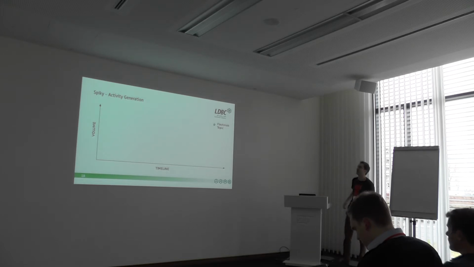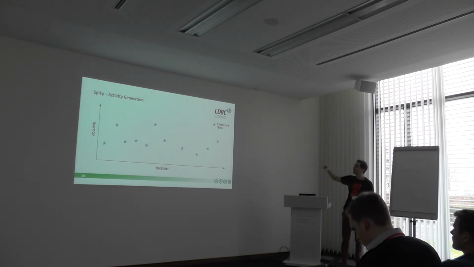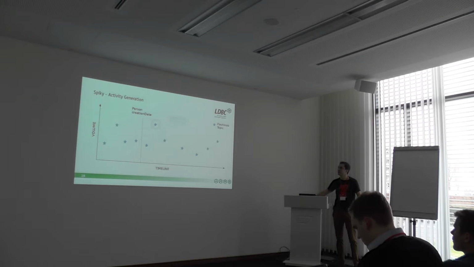In the case of the spiky activity generation, what we do is first we create a set of flash mob topics that span all the timeline with different volumes of activity, which basically represent how important is this event in the real world. Then, given the person creation date, we select a random flash mob post according to its volume.